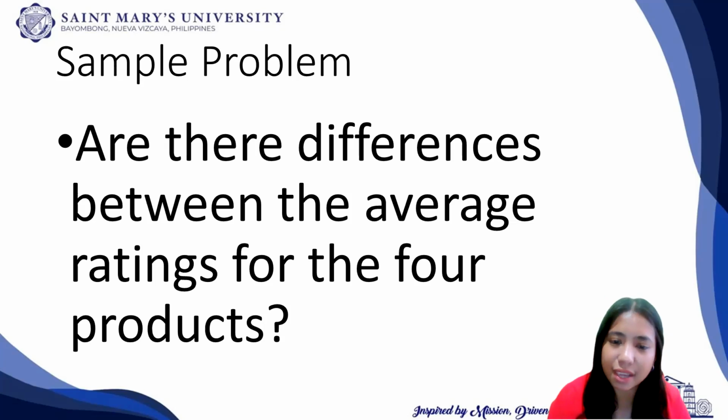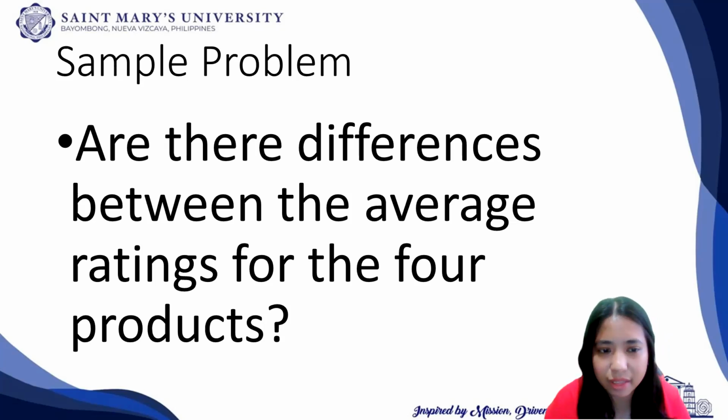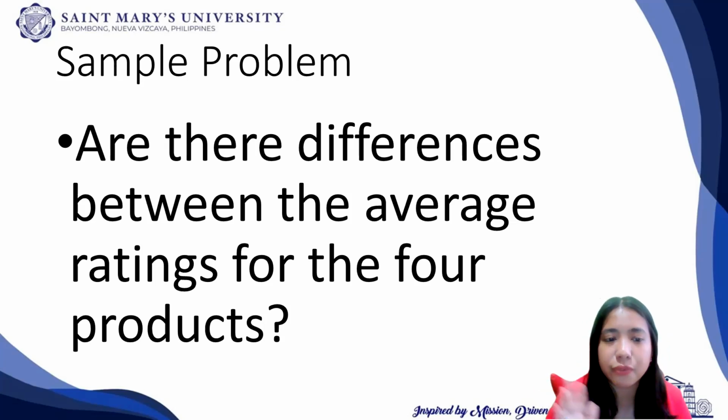It does not mean that one particular respondent just simply rates product 1 and another rates product 2. Products 1, 2, 3, 4 are all evaluated by each of our respondents. So our objective is to compare which among the 4 products is given the highest average rating.